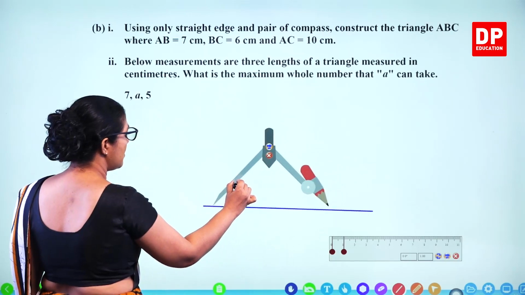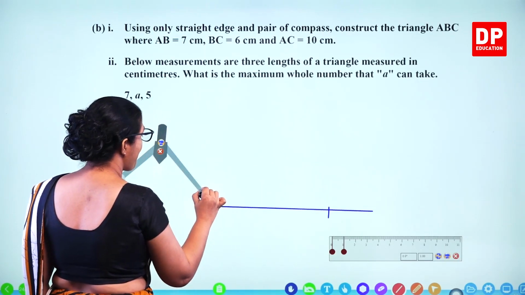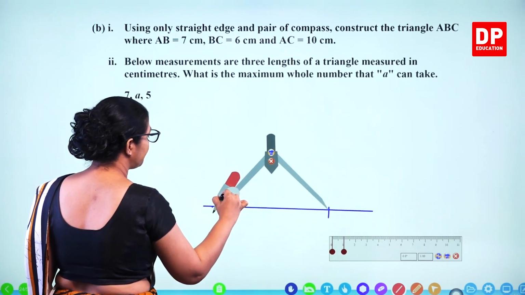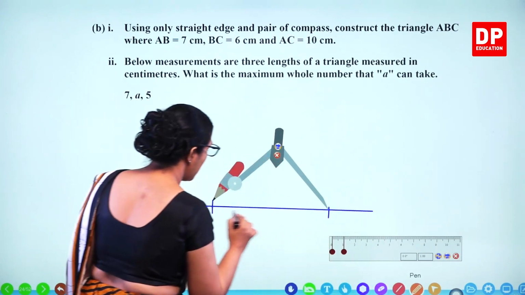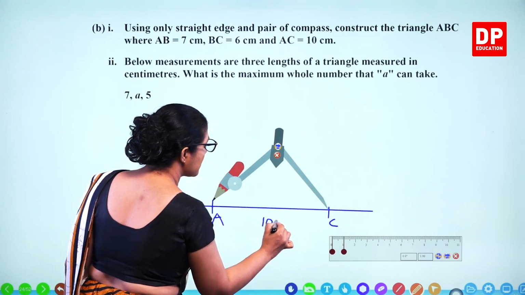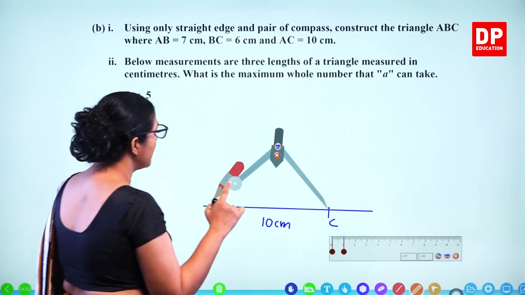And we'll mark it first. 10 centimeters. Then, so this is AC, 10 centimeters. AB 7.